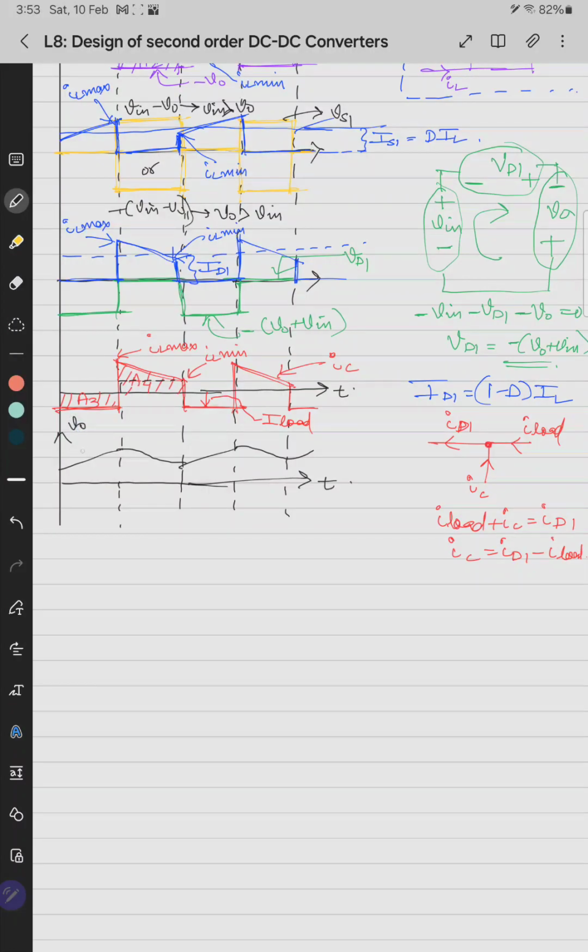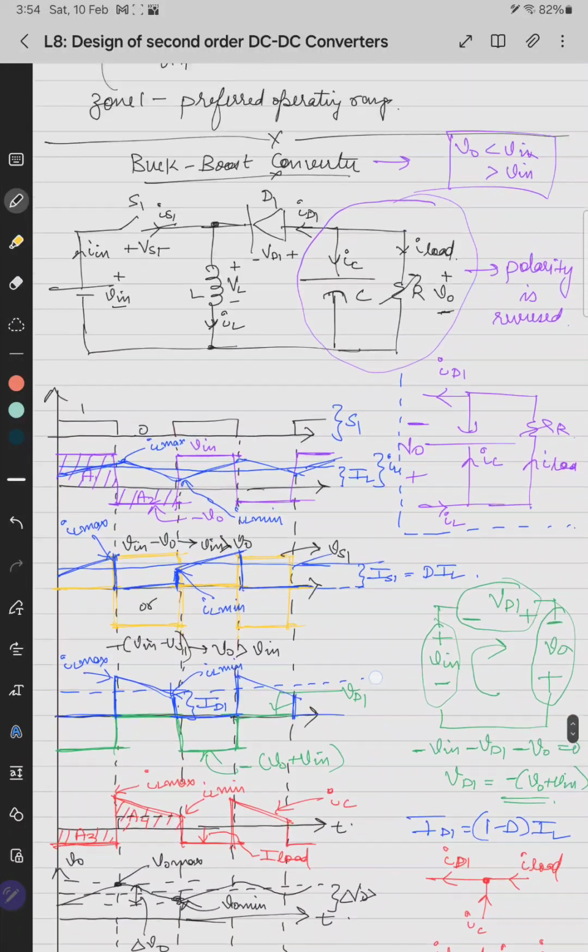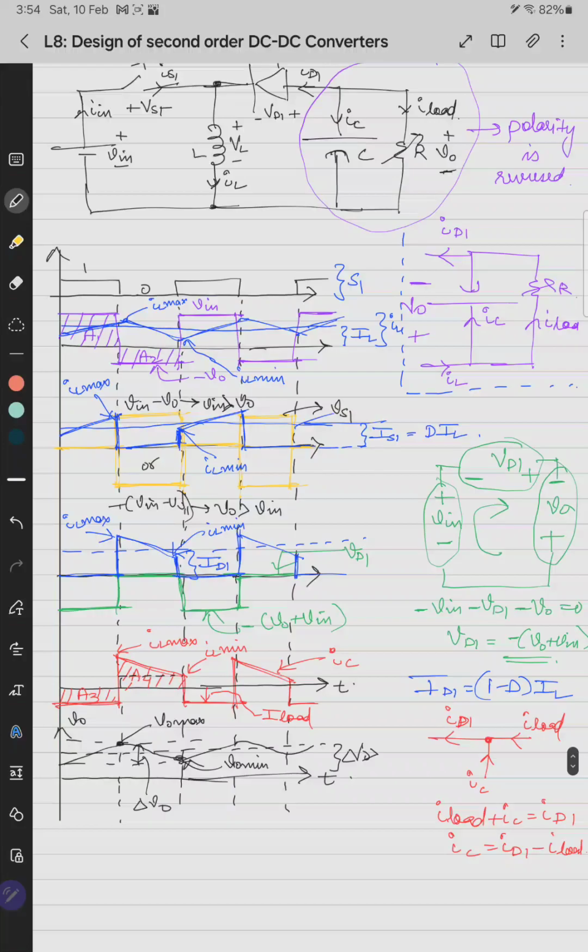This is V0, V0 minimum, V0 maximum. This is average value of V0, capital V0, or like this, and this is the delta V. This is delta V0. Similarly here we have delta IL.